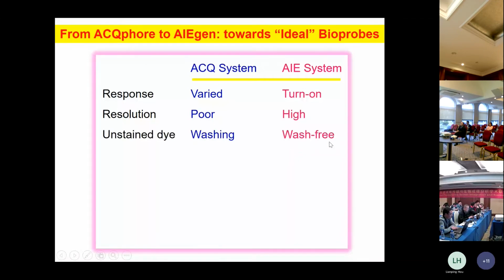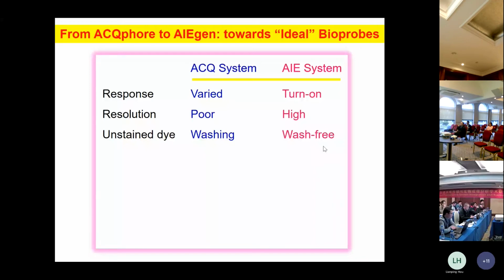And for our system, we don't need to wash. If we make our AIEgen water soluble, you don't have a background emission. The wash process is easy to say, but very difficult to do. My friends in the life science area told me that very often, student A and student B will give you different results. Why?